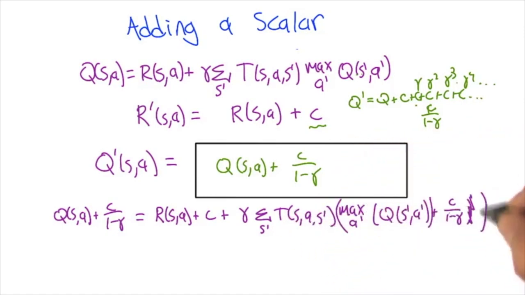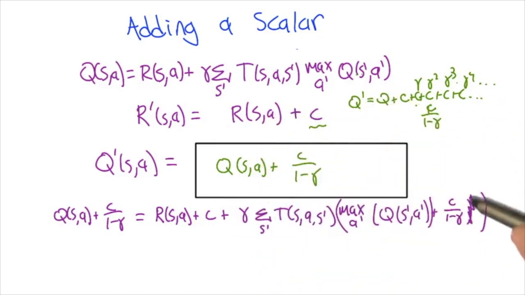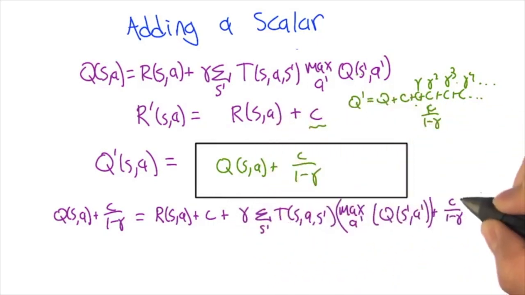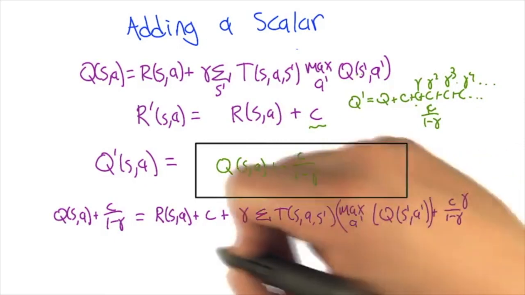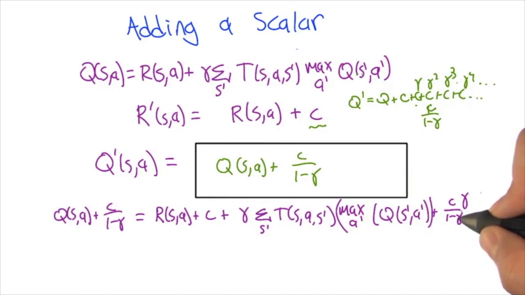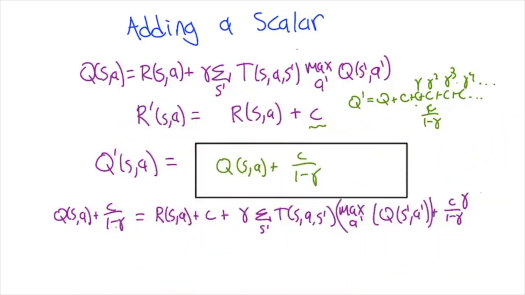So really this whole piece here is going to get promoted all the way out of the parentheses, with the only difference that it's going to get multiplied by a gamma. So what we've really got here is a C plus C gamma over 1 minus gamma on this side, and a C over 1 minus gamma on this side.